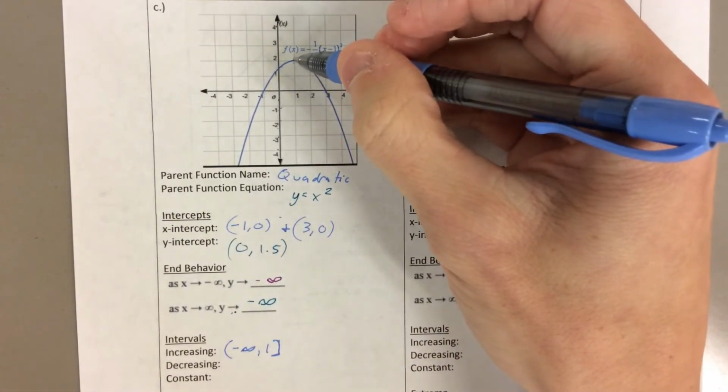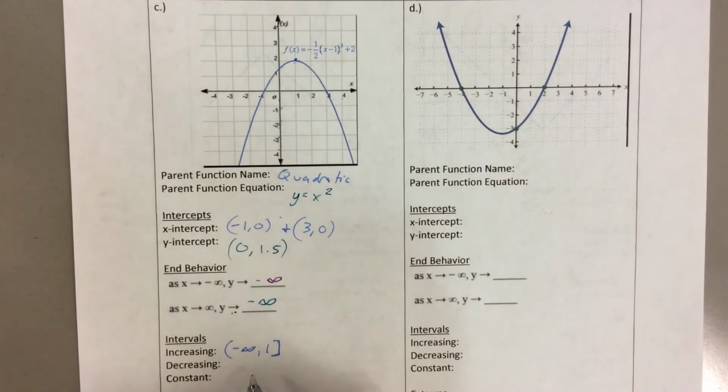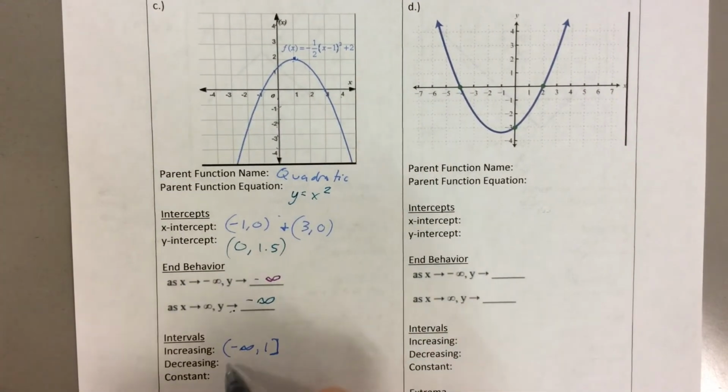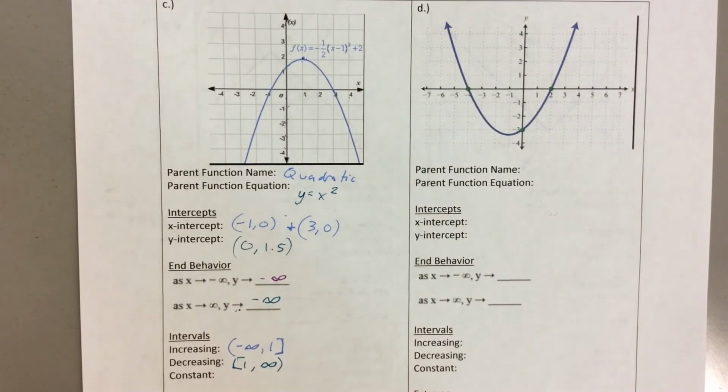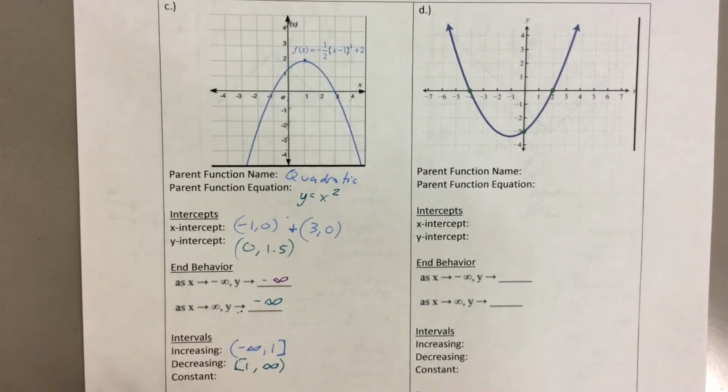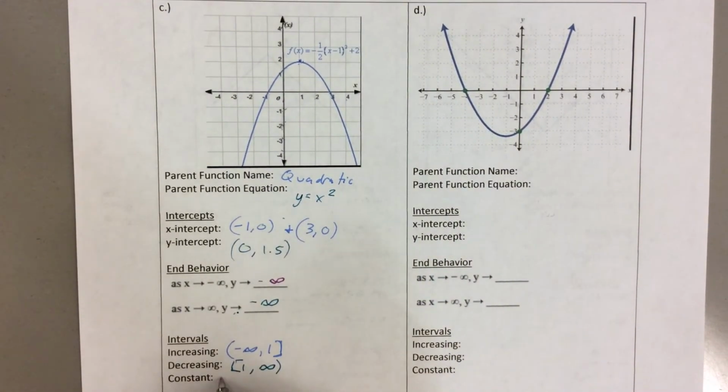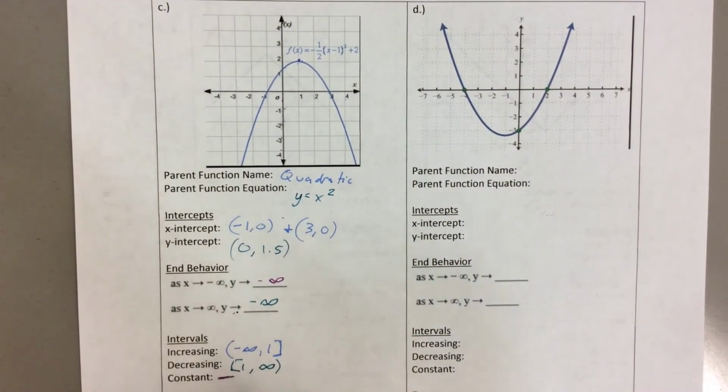So it kind of rounds out there. And our decreasing is going to be like this. All right. So I hope you can see we do not have a constant here, so nah.